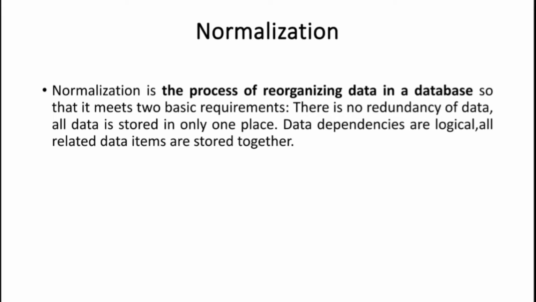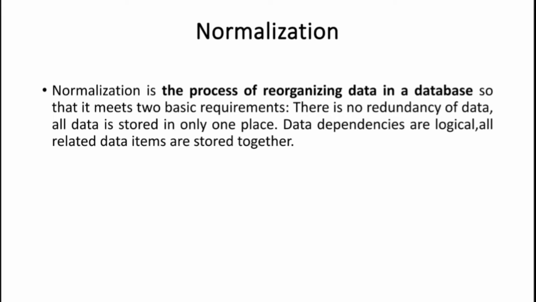So to avoid that, I need to store the data in such a way that all the data is stored in only one place. The same data can't be stored in different places. For example, if I want to store the employee information, I first store it in the accounts department, assume like that.